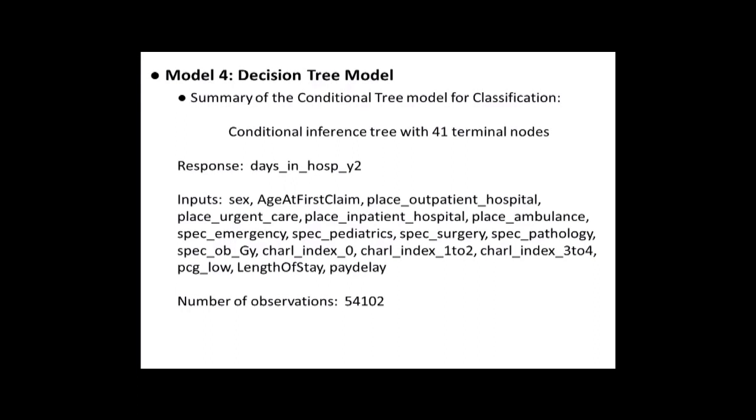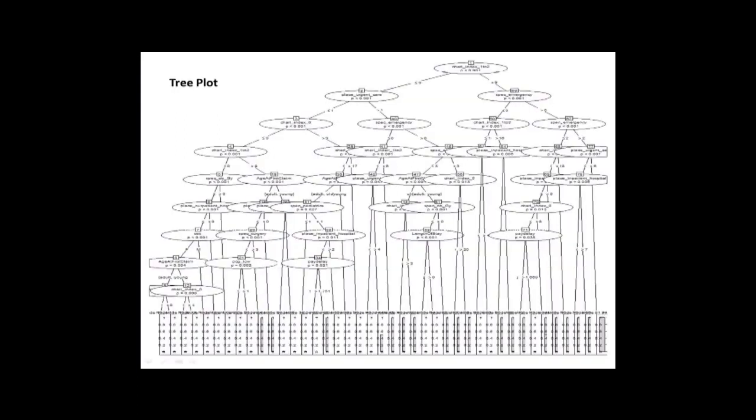This slide shows a summary of the conditional tree model for classification. The conditional inference tree has 41 terminal nodes. The response variable is days in hospital Y2. The number of observations is 54,102 for training data.